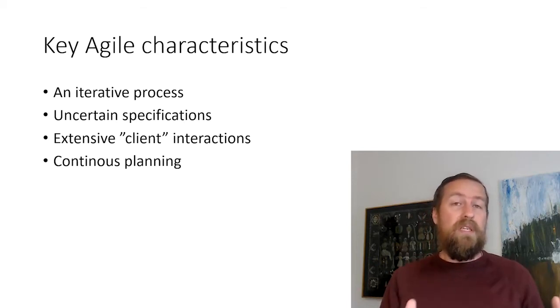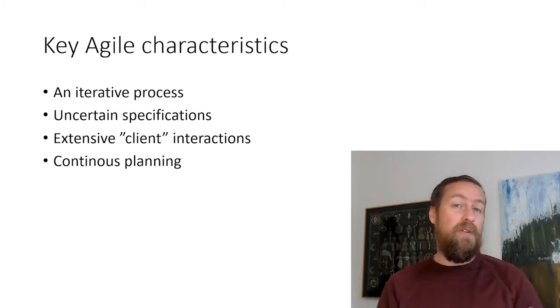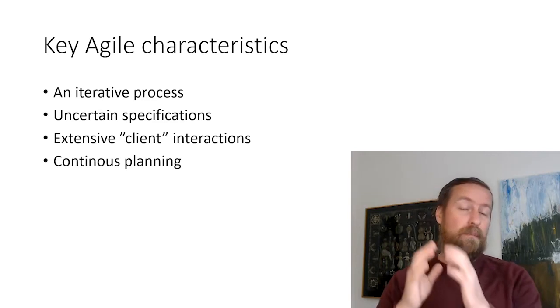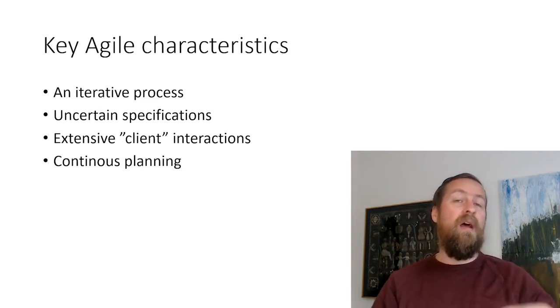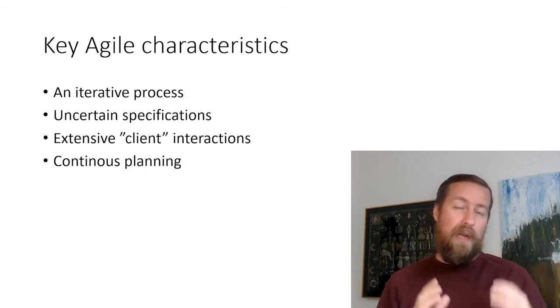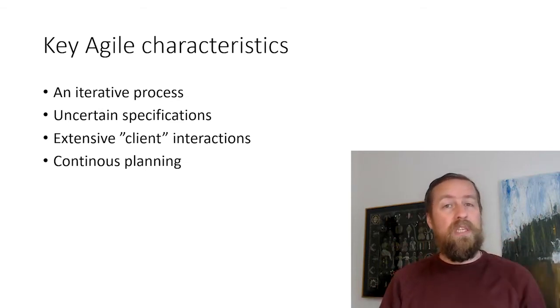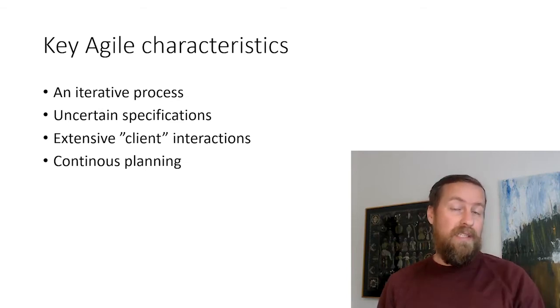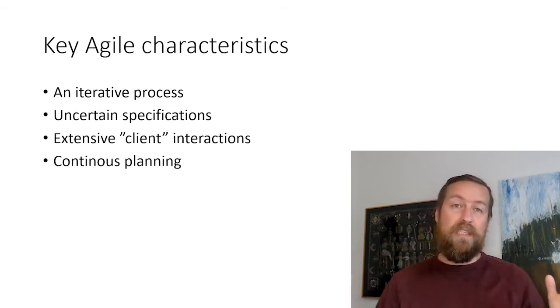And that also means that we continuously plan. Of course, we do have a general plan that we can use. We have an idea approximately here we should be done, approximately these specifications, and approximately this budget. But we continuously update it, we continuously plan in details. We don't have the details for the full plan just yet.